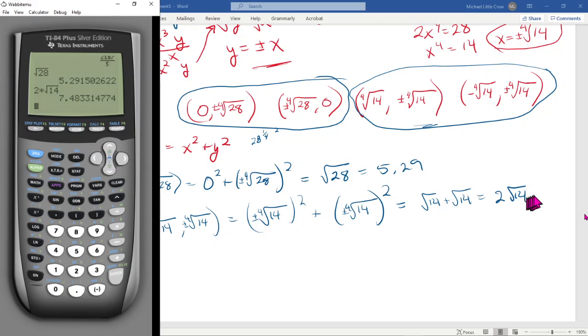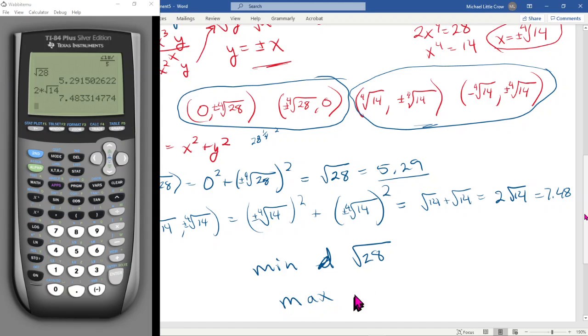Okay, so that's bigger, 7.48. So those were the options. So we'd have a minimum value of square root of 28, and a maximum value of 2 square root of 14.